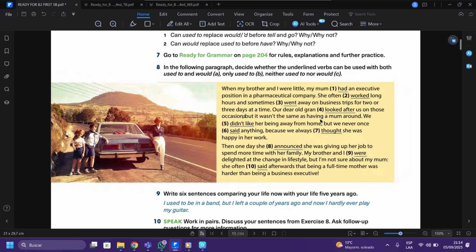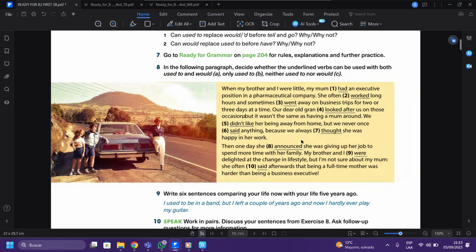Cuidar in Spanish, right? So our dear old grandma looked after us on those occasions, but it wasn't the same as having a mom around. So in this case, with the phrasal verb look after, we can say I used to look after, or he used to look after, or he would look after us. He used to look after. Yes, perfect. He used to look after.